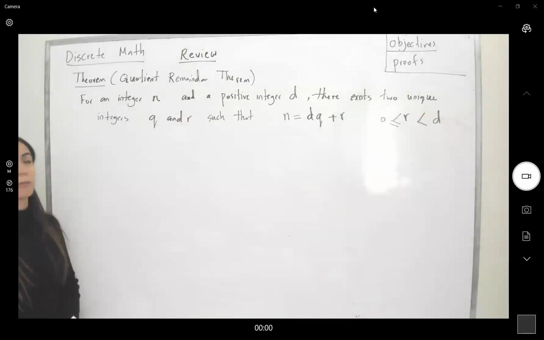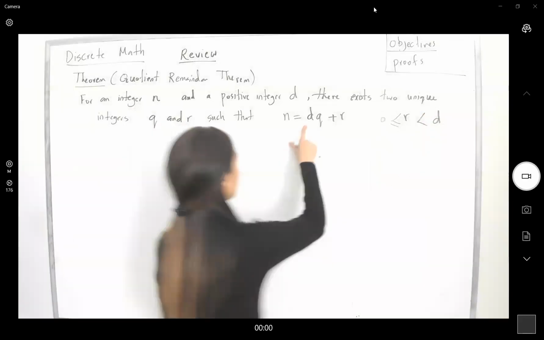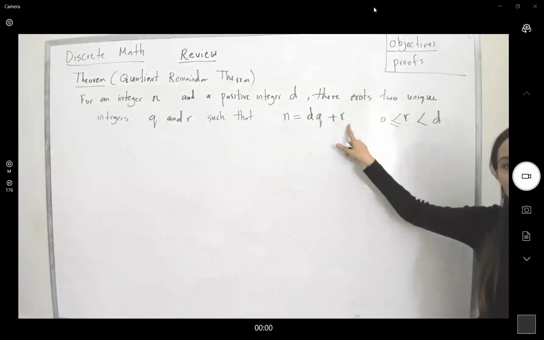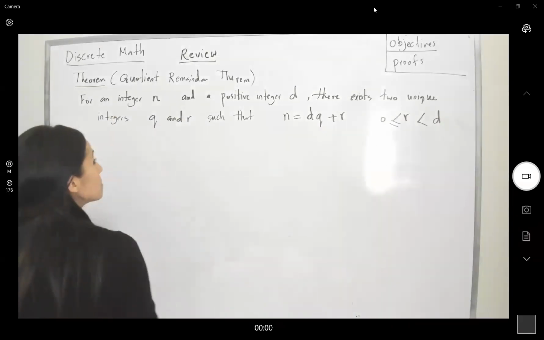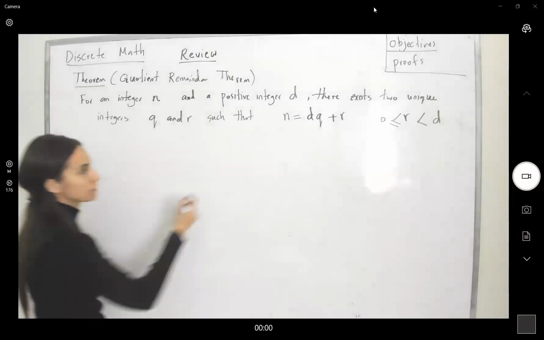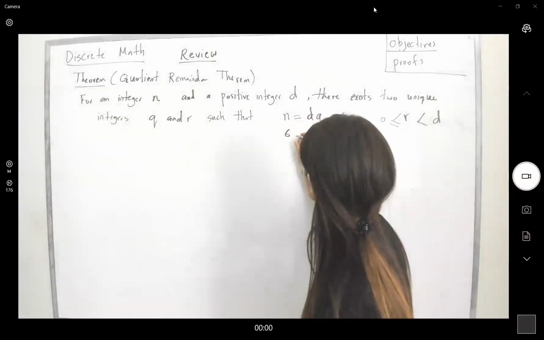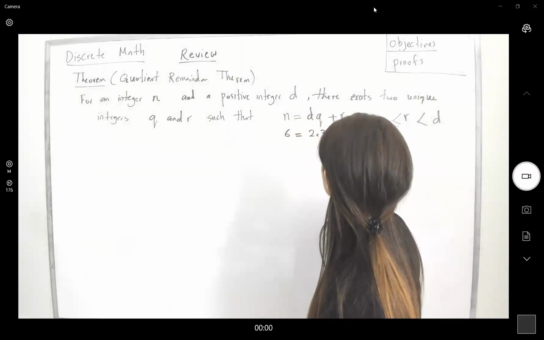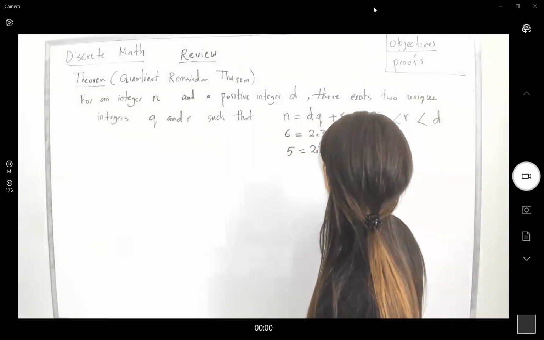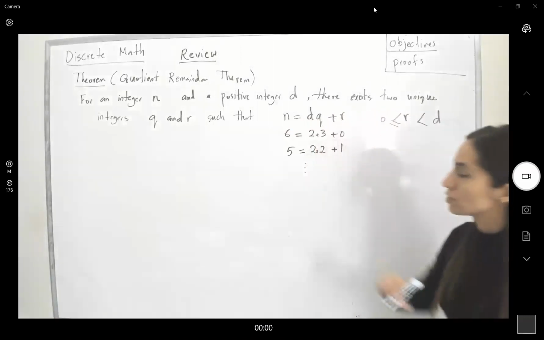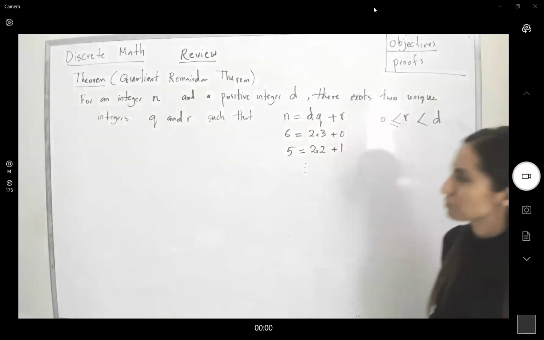So any integer like n can be broken down into the sum of two other integers. Like 6 can be written as 2 times 3 plus 0. 5 can be written as 2 times 2 plus 1, and so on. The rest of the numbers.